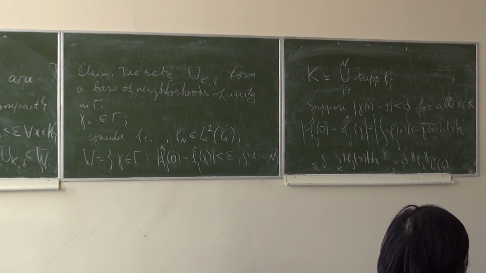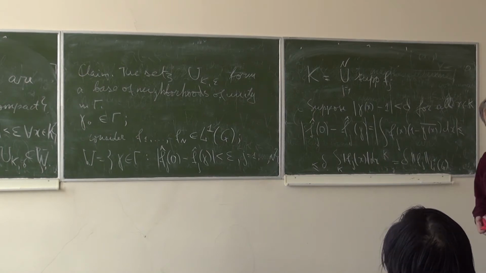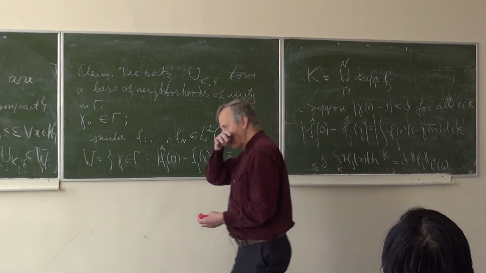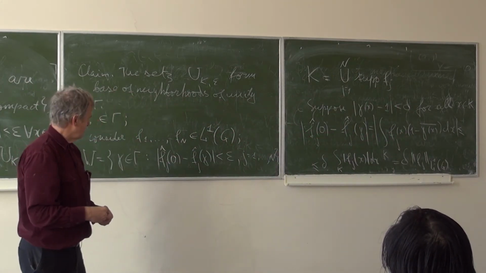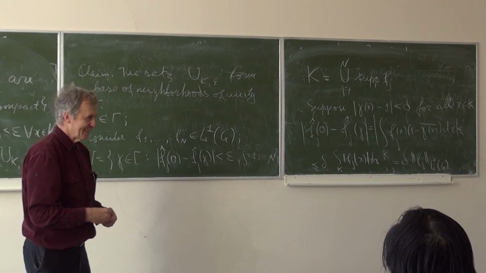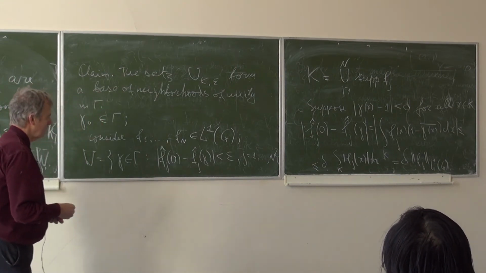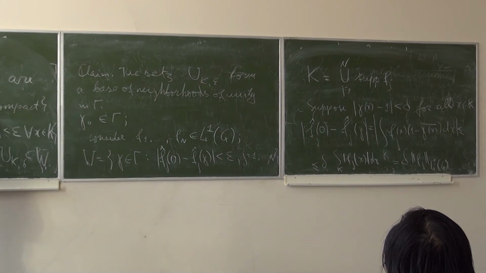As long as you know that your measure is regular, then of course this is easy. So this way or another, at this point, no use of continuity. Well, okay.